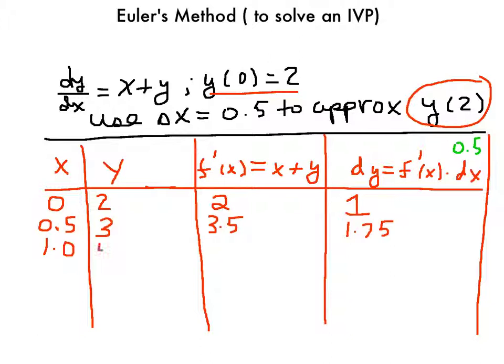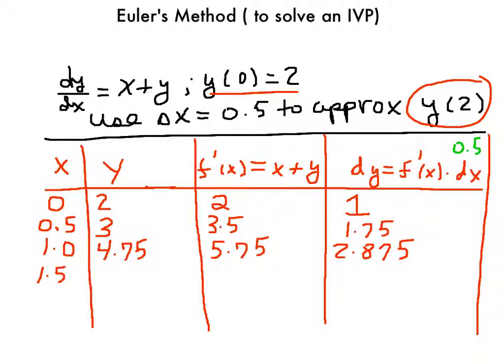So my new value for y is 4.75. I add those two numbers together, and I get 5.75 for the derivative. And so dy is that times a half, which is 2.875. My new value of x is 1.5.